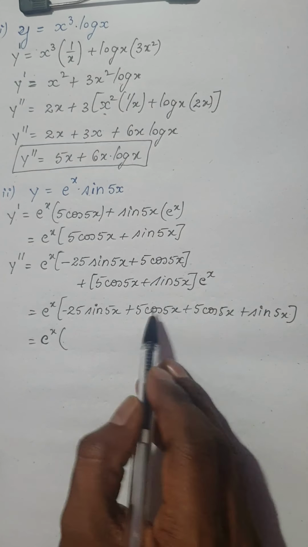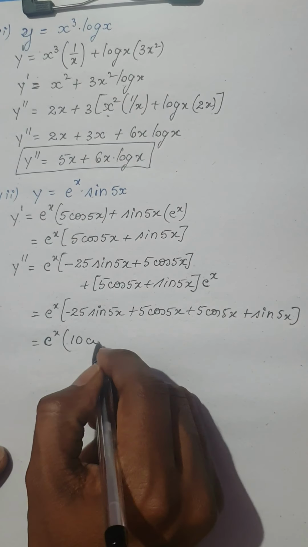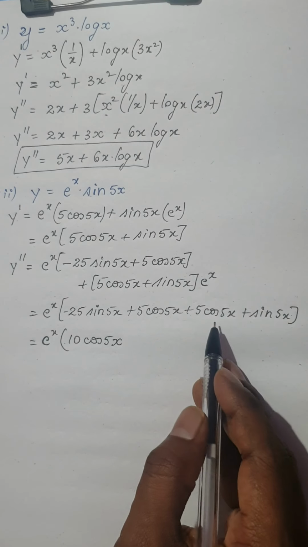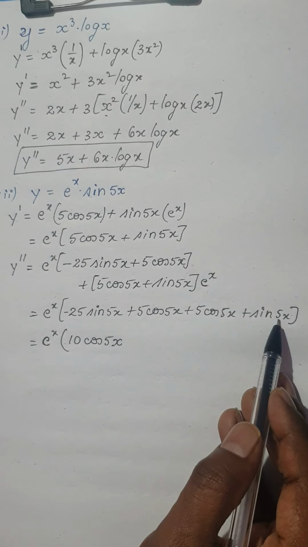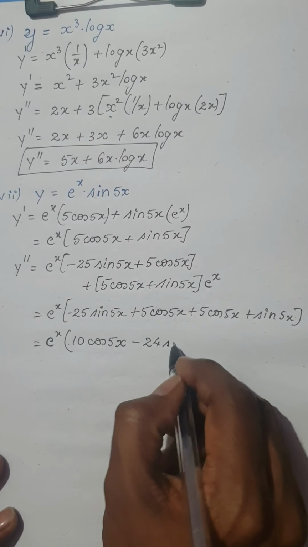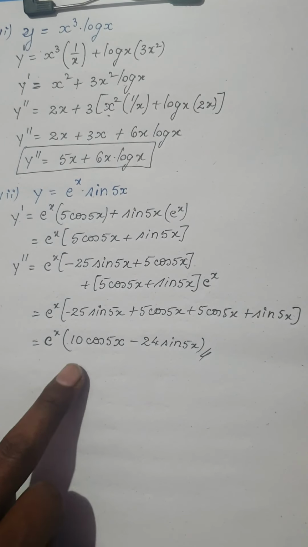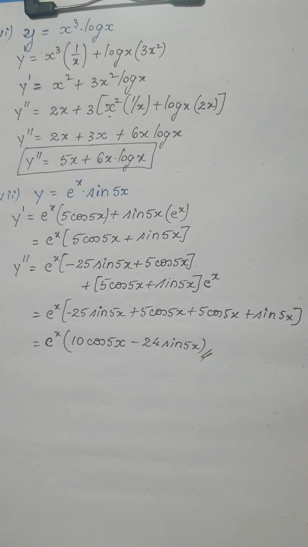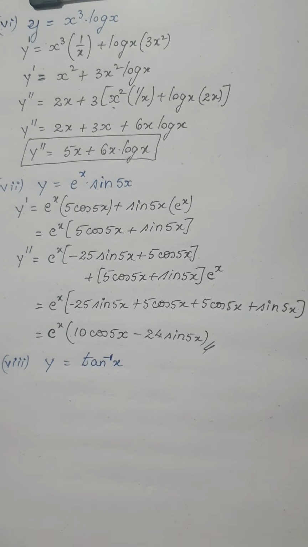First I'm going to write the sum of this. 5 cos 5x plus 5 cos 5x is 10 cos 5x. Now it is minus 25 sine 5x plus sine 5x, so it would be minus 24 sine 5x. So this would be the second order derivative of the above given function. Is it fine?